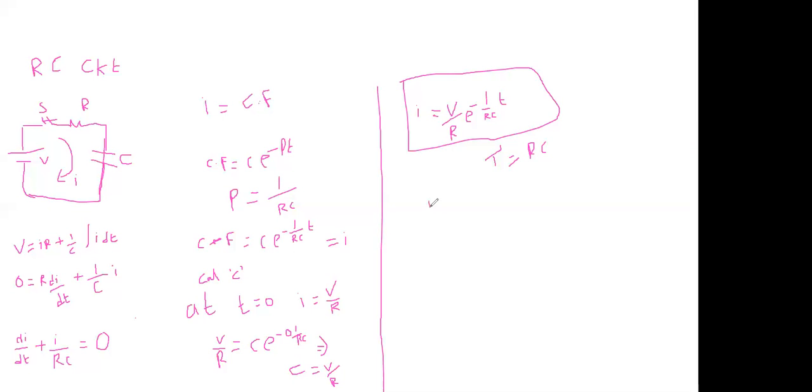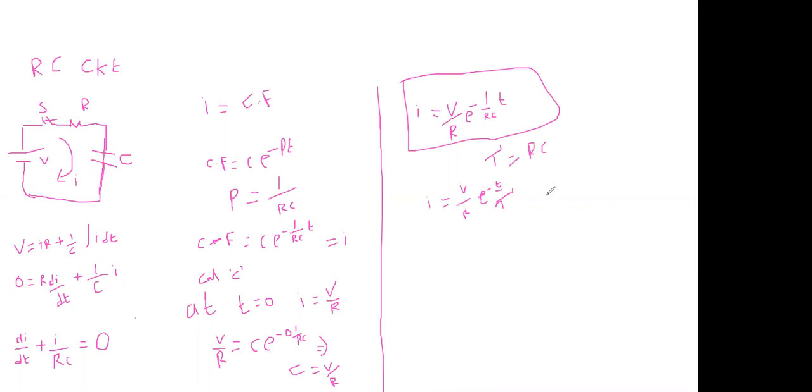Then in terms of tau, I equals V by R e power minus t by tau, where tau equals RC.